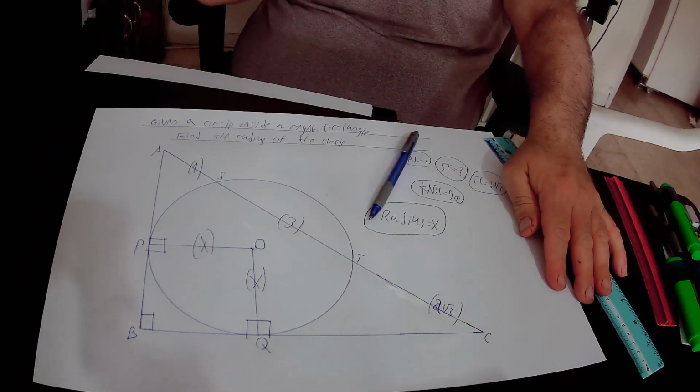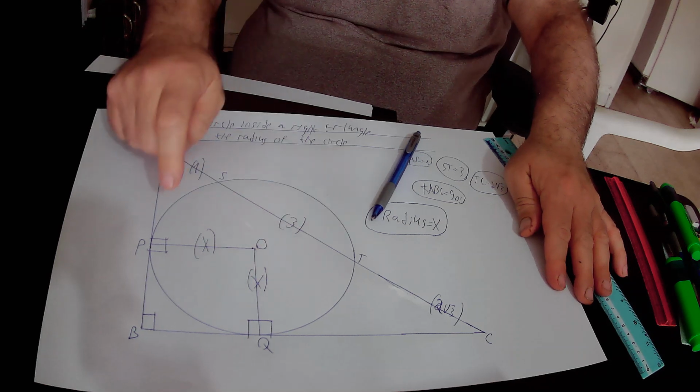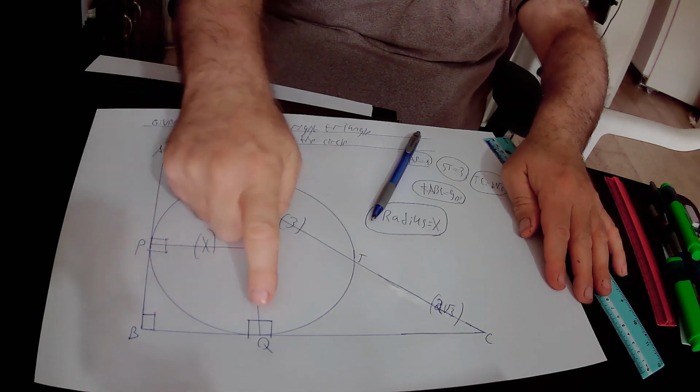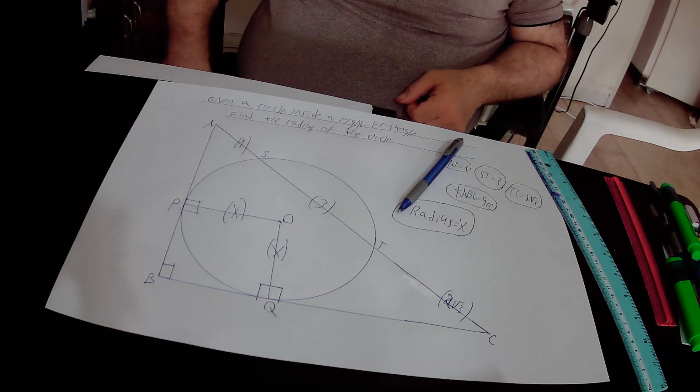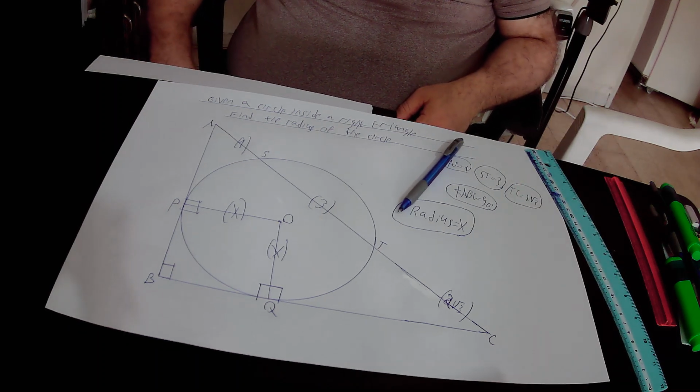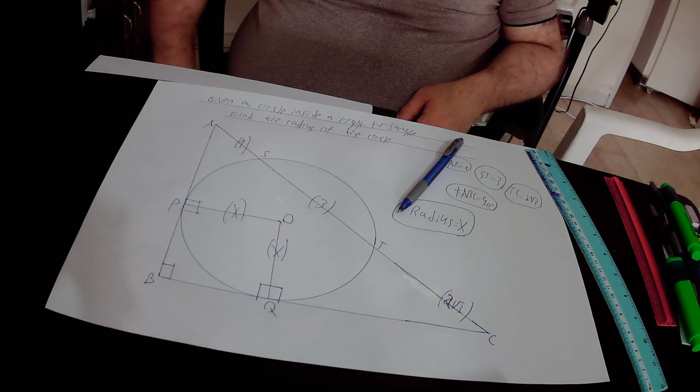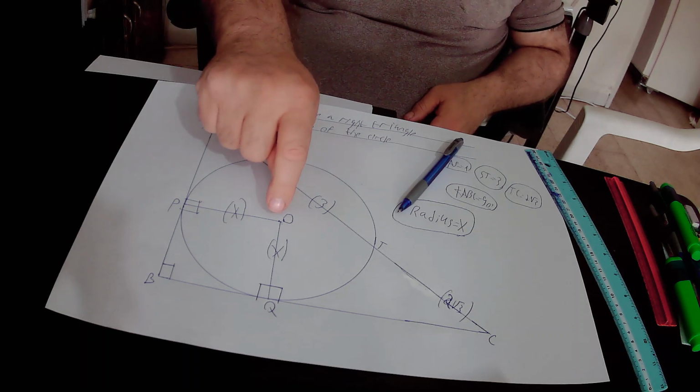So actually in quadrilateral OPBQ we have 1, 2, 3 right angles. The sum of 3 right angles is 270 degrees. So 270 degrees plus the size of this missing fourth angle.